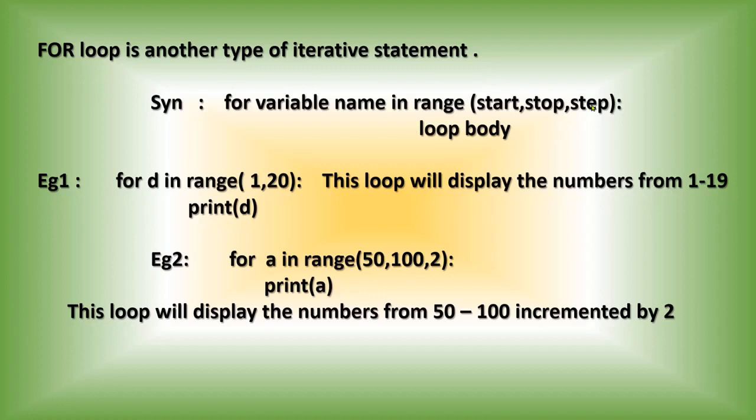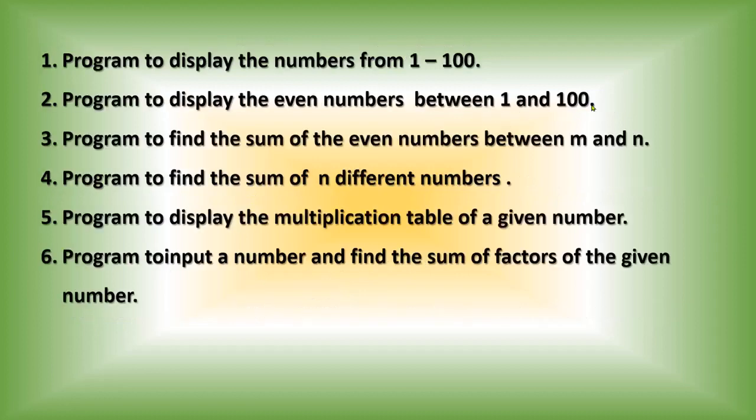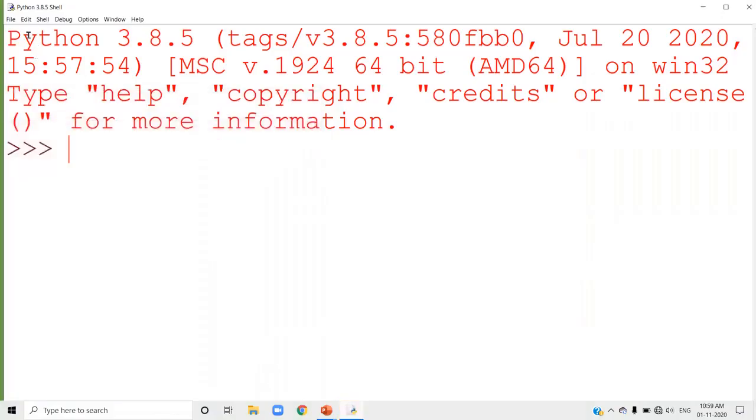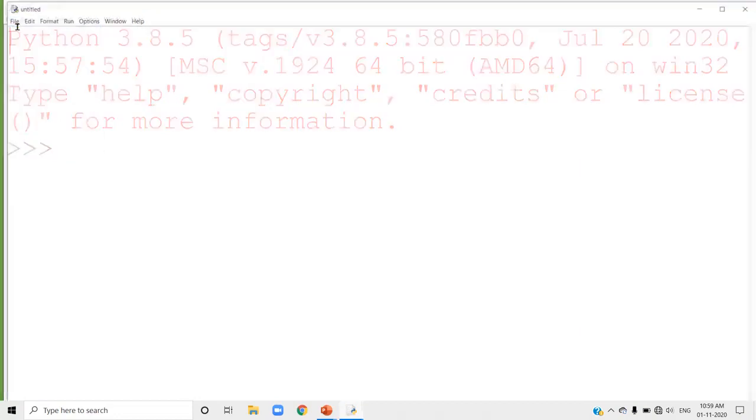Now we can see certain programs. You have to try out what will happen if you use a negative step value and how the execution goes. I'll show you one example here. Before going to this program, I'll show the step value as a negative value. I'll open the Python screen here.